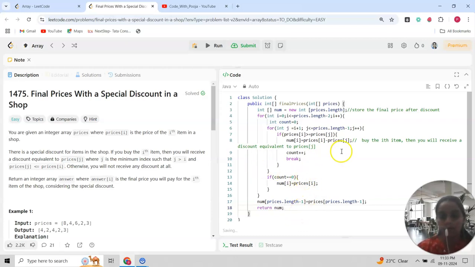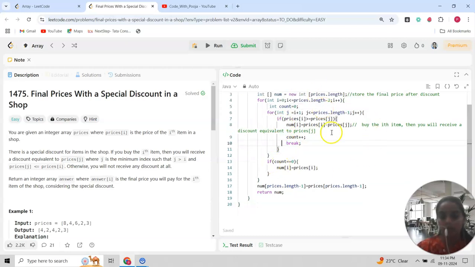Now I will explain again what is happening. These are two pointers. The first i will be here, and I'm using a count variable to know whether the particular condition is happening or not. If it is found, we break.